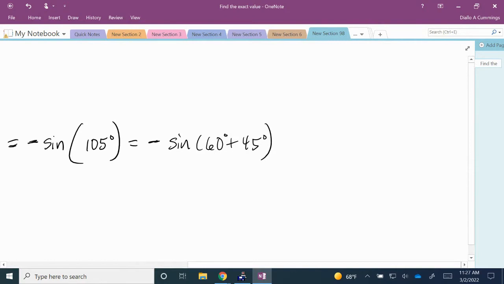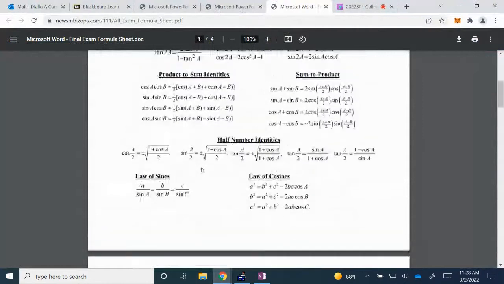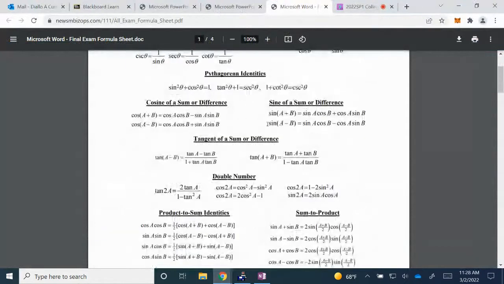Referring back to our formula sheet, here is the sum of sine formula. The sine of A plus B is sine A times cosine B plus cosine A times the sine of B. Now, in this course, you're not required to memorize the formulas.